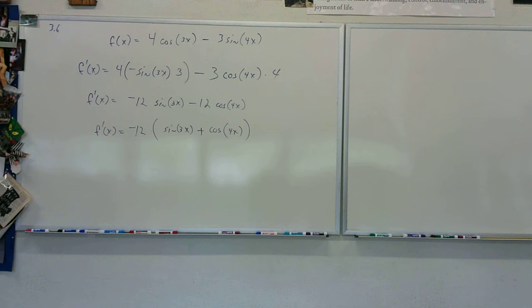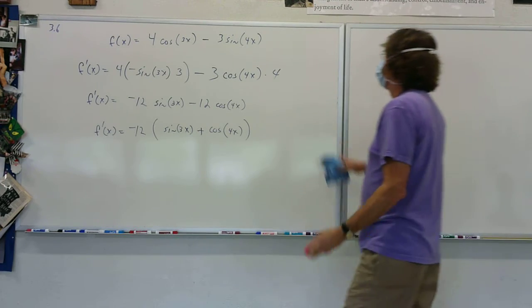Okay. Now, anything else from 3-6, or you want to drop down to 3-7? Can we do number 28? 28. He sees that it's circled, so he wants to work that one, okay? We'll do 28. It's a big old quotient rule, but then it's also got what when you take the derivative of the numerator? The product rule. Product rule, yeah. So it's multiple levels.